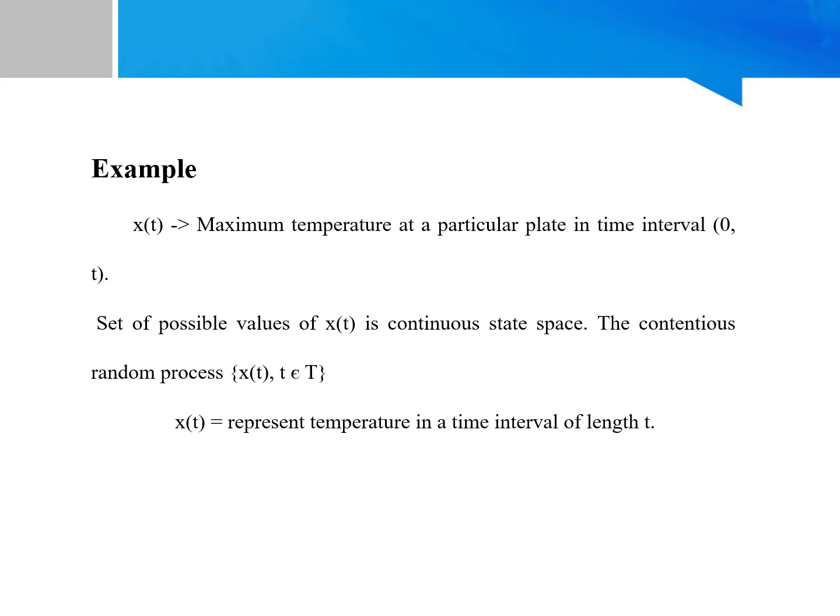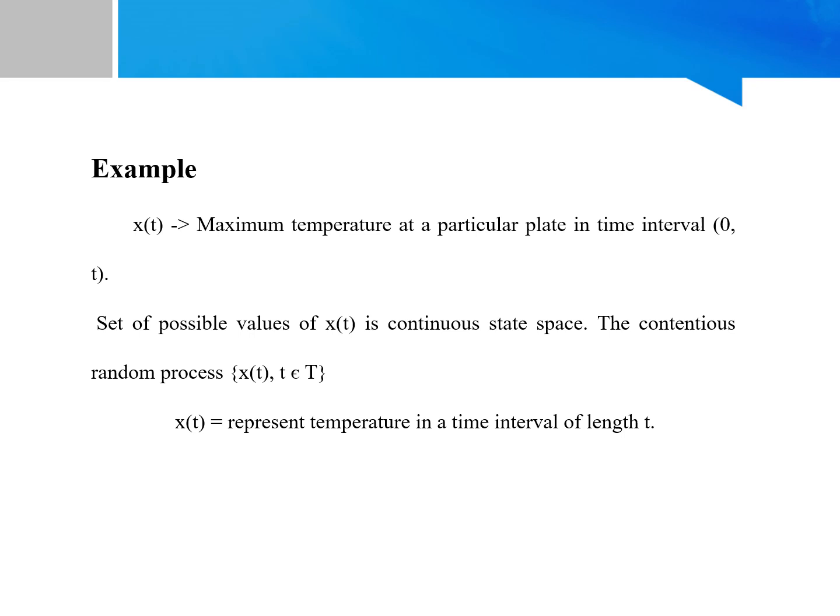The continuous random variable X(t) represents the temperature in a time interval of length t. So the temperature will be a continuous variable. It will vary from time to time. In the morning the temperature will be 37 degrees. At 12 o'clock it will be even more than 37 degrees. So it will vary.